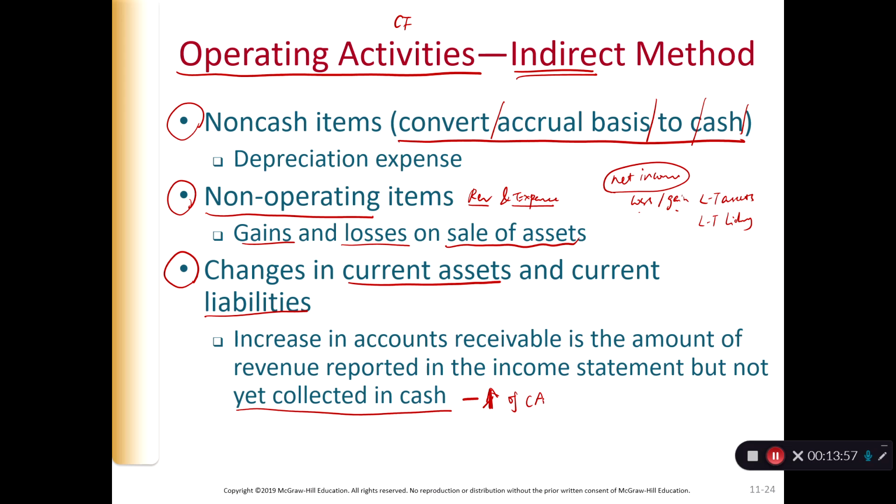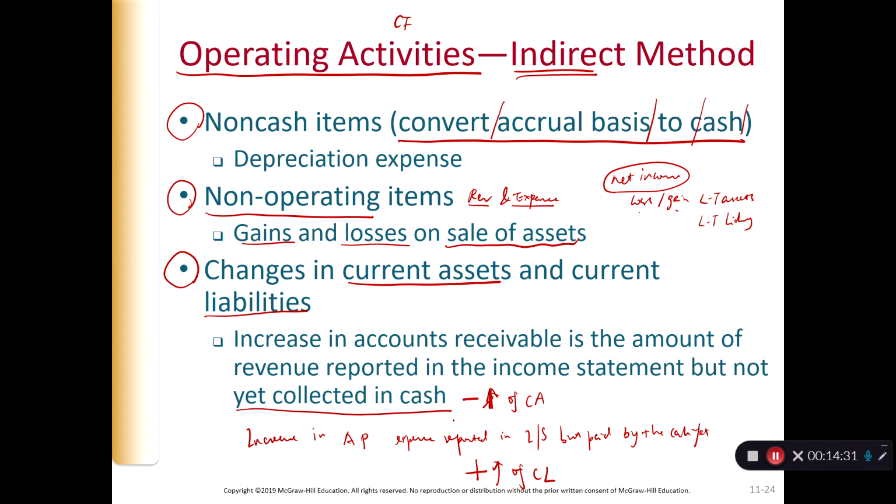And then the increase in accounts payable is the amount of expenses reported in the income statement but not paid in cash yet. Hence, if it increases, we add the increase of the current liability.